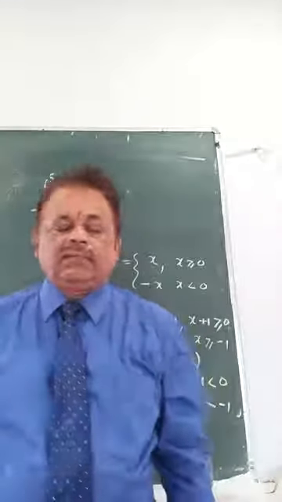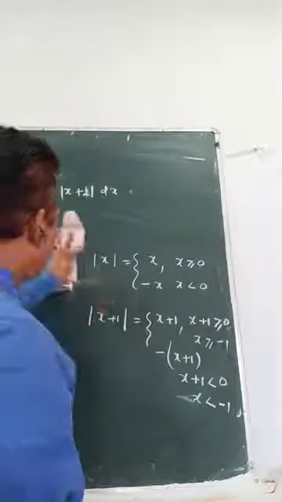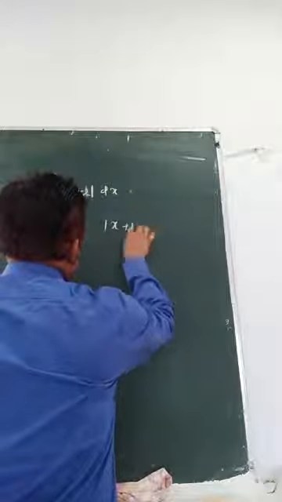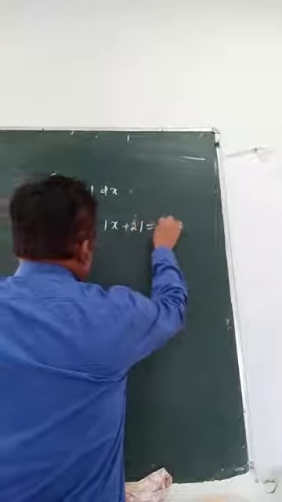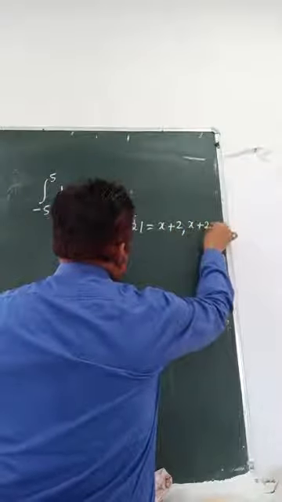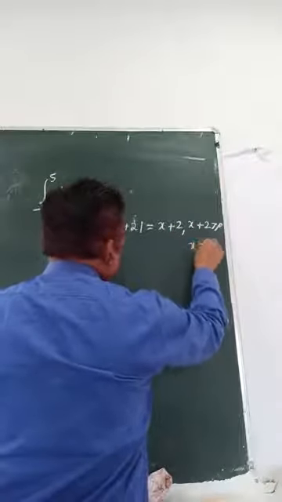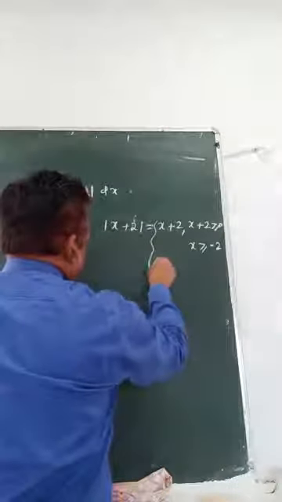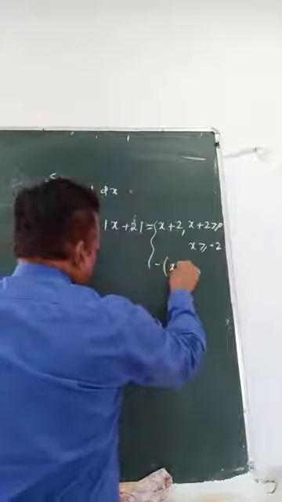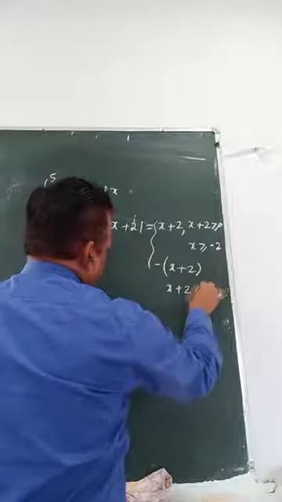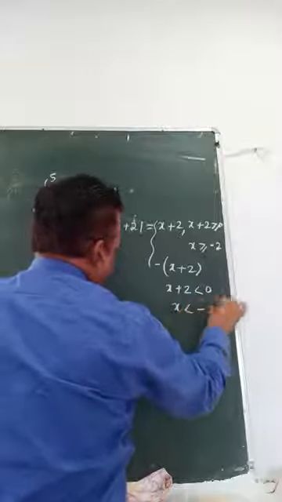If you want to write in detail, you can define modulus of x plus 2 as x plus 2, where x plus 2 is greater than or equal to 0, x is greater than minus 2, and minus of x plus 2, where x plus 2 is less than 0, x is less than minus 2.